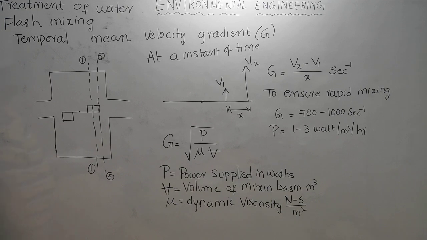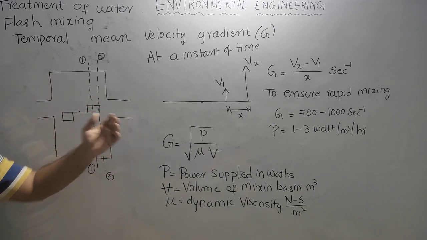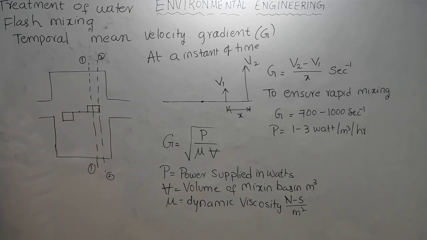So what are the design parameters? Now, the design parameters of the flash mixing device. Generally a flash mixing device will have an impeller and paddles. What is the impeller diameter, how is the velocity induced, what should be the velocity of the paddle, how to calculate it, what is the drag on the water?